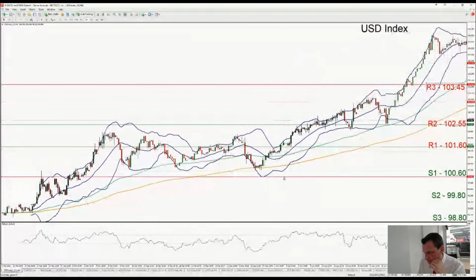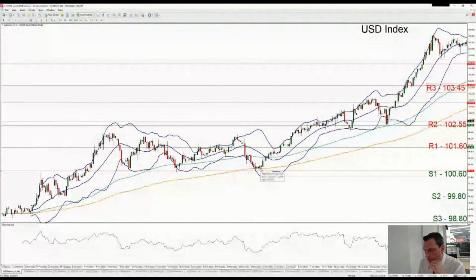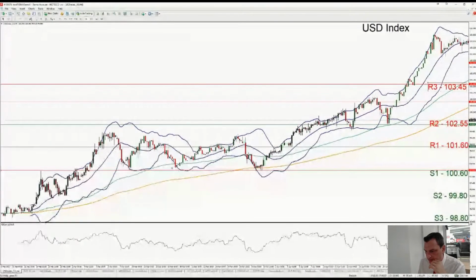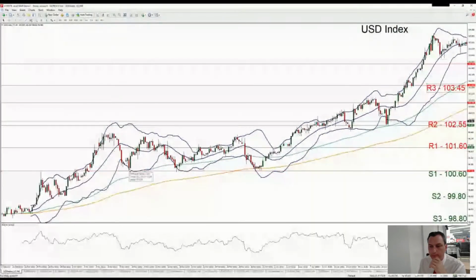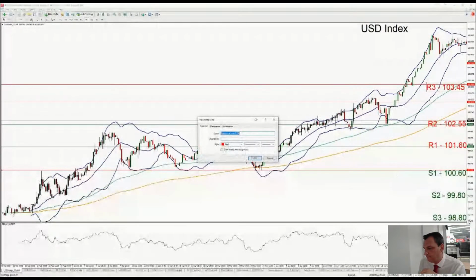There is support somewhere here. You can see it, we have one throw, a second, and a third throw in a row, while the level also provides resistance here and here. So that's a pretty valid level, and I would be keeping it as the ultimate support line for now.